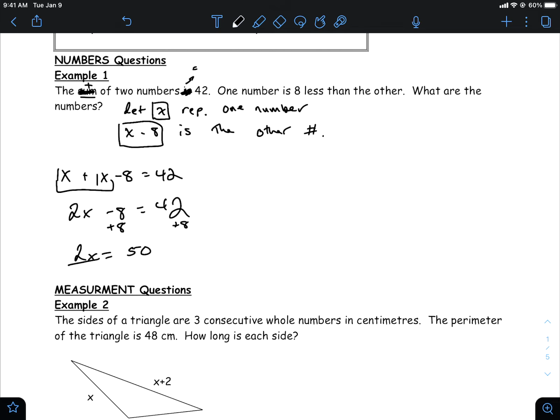So you can divide both sides by 2 to get x by itself. So x equals 25. All right. Now what? Did I answer the whole question?